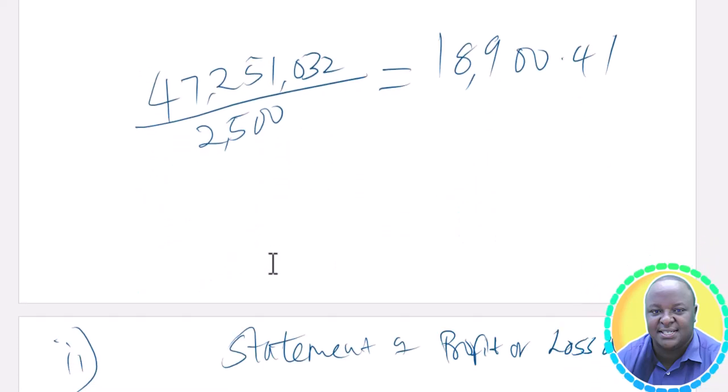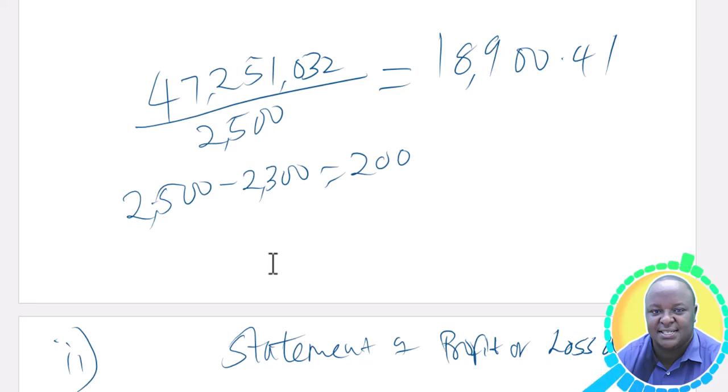So we are being told that out of 2,500, 2,300 was sold. So the balance is 200. So let's take the balance 200 times 18,900.41.